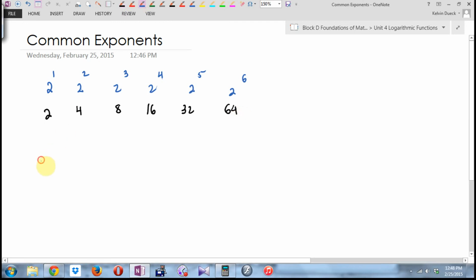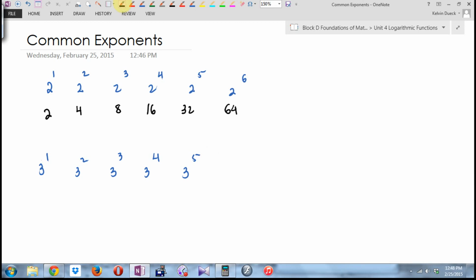You should be familiar with powers of 3 too. You'll notice I don't take it quite as far with the 3s as the 2s. What's 3 to the 1? 3.